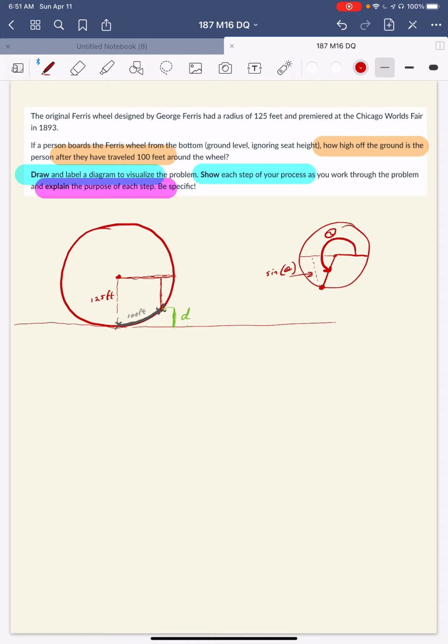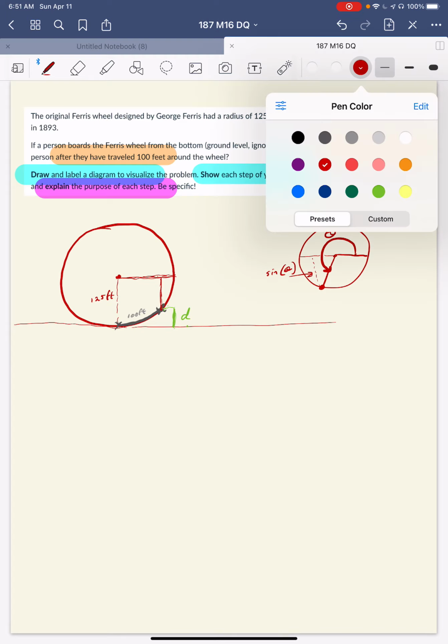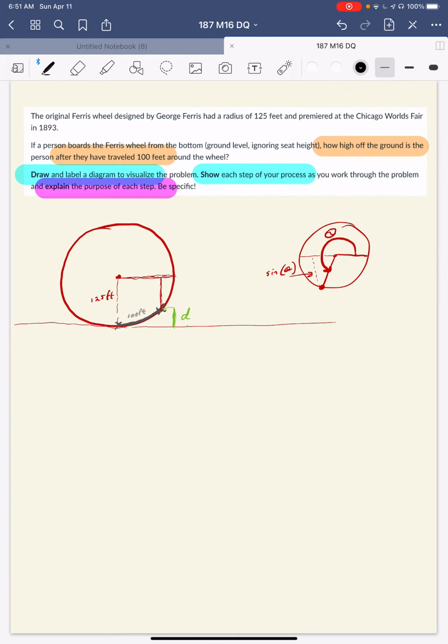At this point, I don't, but I do know there's a relationship between angles and arc length, and that relationship is given by S equals theta R, where S is the arc length, theta is the angle that's swiped out, and R is the radius length of that given circle. So if I come back up here, I have an arc length, I have a radius length, so I should be able to find the angle that was swiped out.